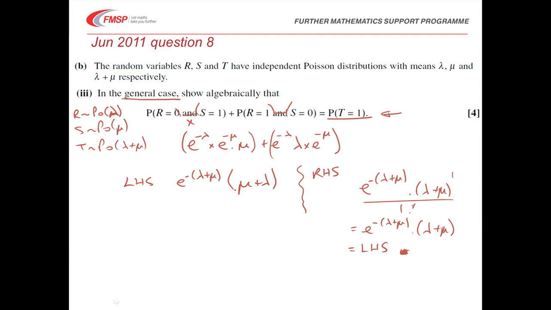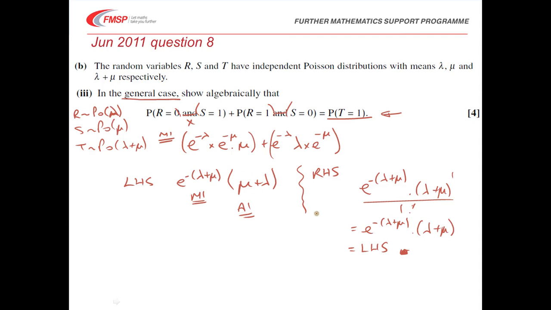So let's show you how your marks were awarded. We can ditch 1 factorial and 0 factorial throughout because we know that it's 0 and 1. So you get 1 mark for getting this statement correct. You get another method mark for recognizing that e to the minus lambda plus mu is in fact a common factor. And then you get an accuracy mark for getting the correct left-hand side.